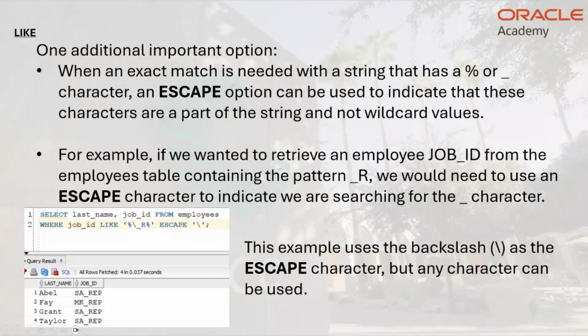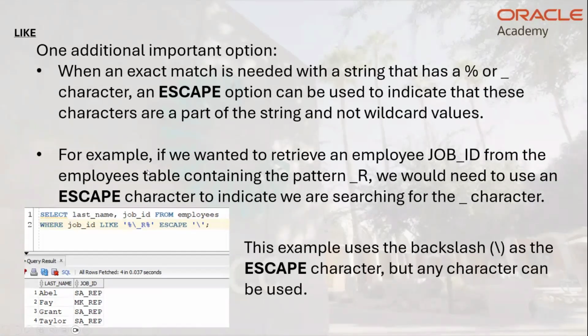But we need to look for the underscore. We need to match the underscore in this representation. So you need the escape character to say match any letter, then the underscore, then R, and then any letter. Because the underscore is a reserved symbol in your LIKE condition.